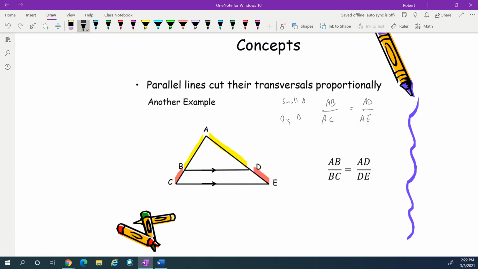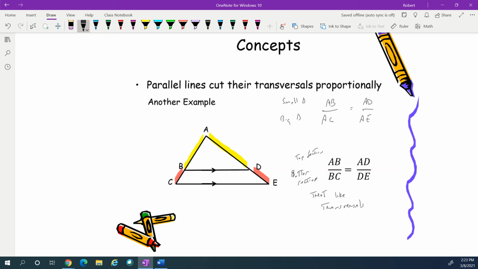Or in this picture, because they are triangles, we can treat them like transversals and do top section over bottom section. And we will get the exact same results.